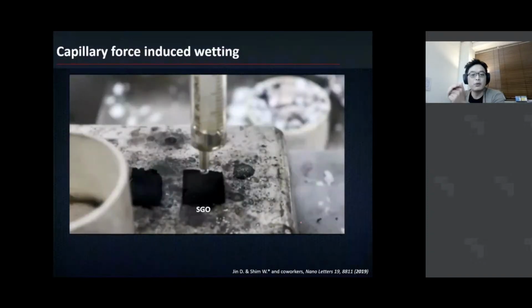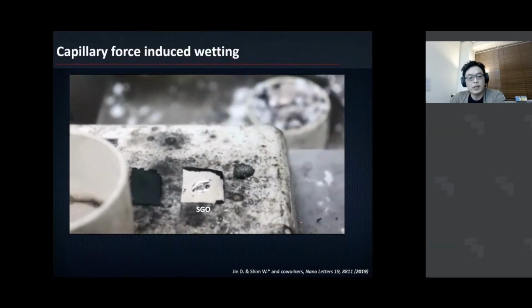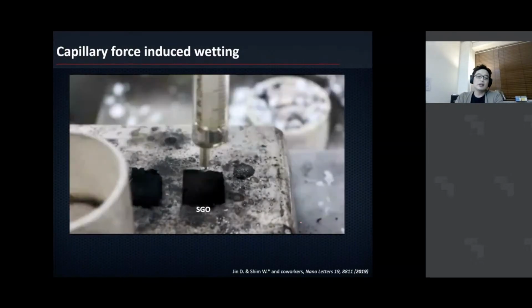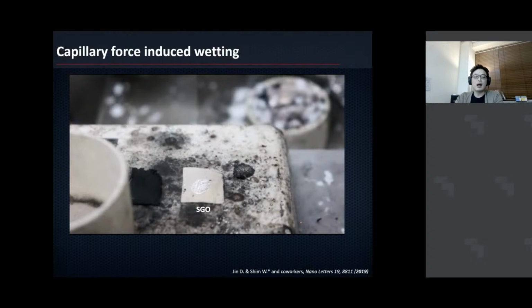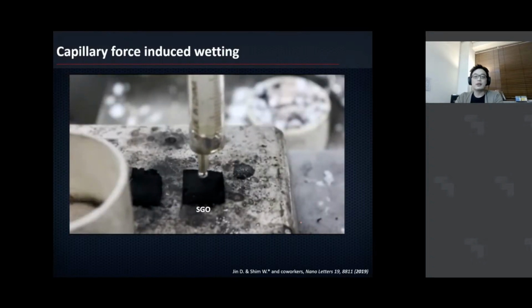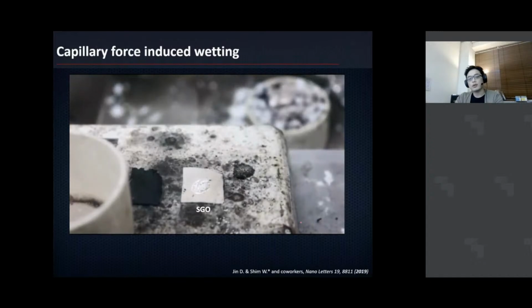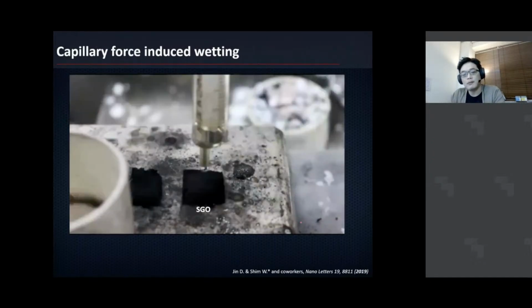Okay, so let me show you one example. That's the liquid sodium, and you put it on the Spark Geo, and you can see that immediately the Spark Geo absorbs the liquid sodium. That's interesting because graphene oxide is not a sodiophilic material. To diffuse this liquid sodium on pristine graphene oxide, it takes a minute to spread out.